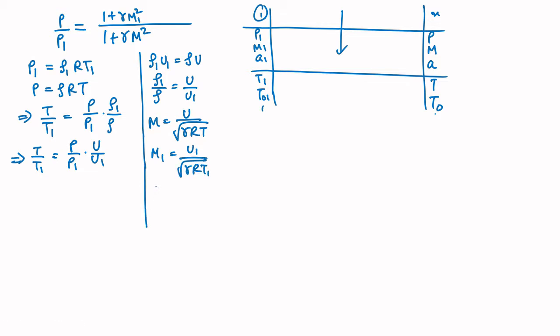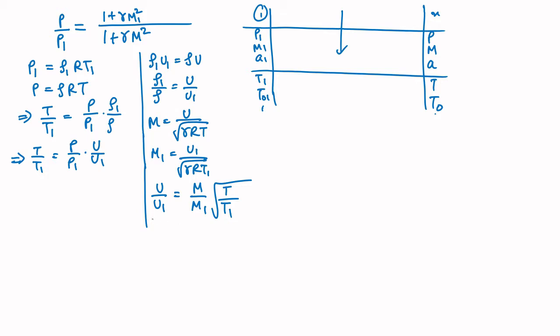This implies U by U1 is equal to M by M1, Mach number M at x divided by Mach number M1 at station 1. Okay. So U by U1 is equal to M by M1 times square root of T by T1.